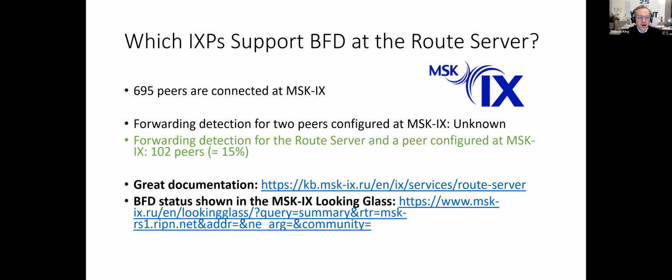And we see that out of the 695 peers, 102 peers use BFD at the route server. So that's roughly about 15%, which is quite impressive from my point of view, because it's a unique feature from Moscow IX.